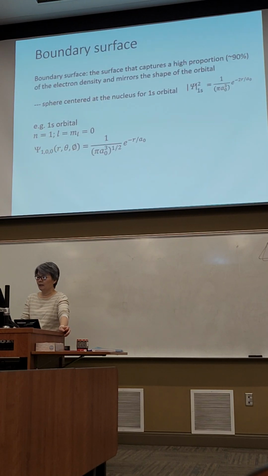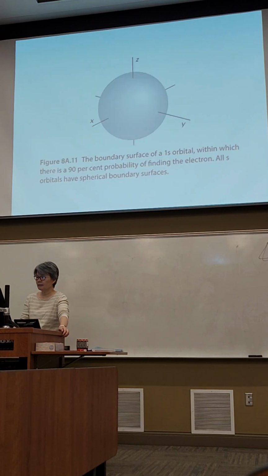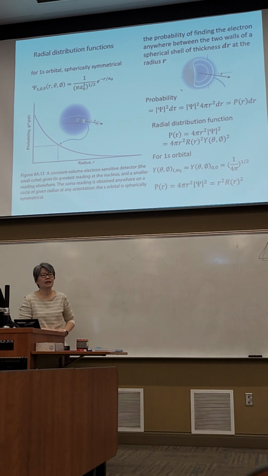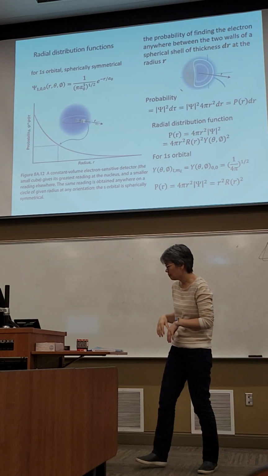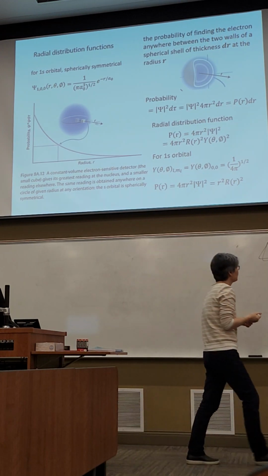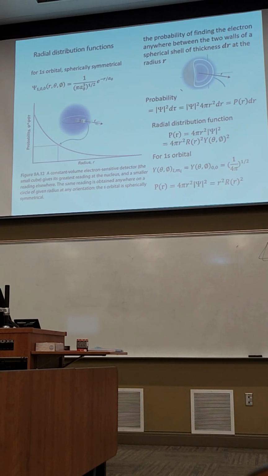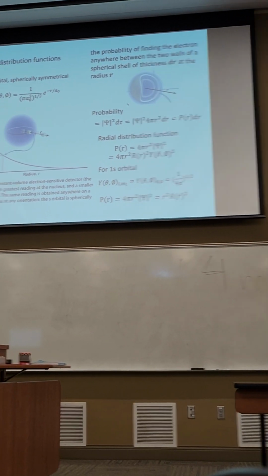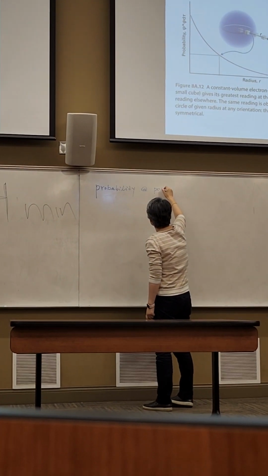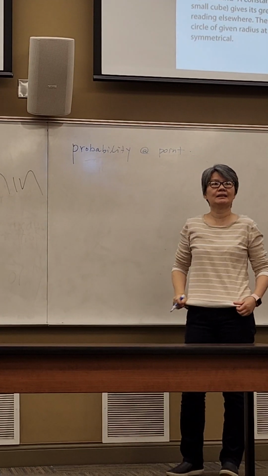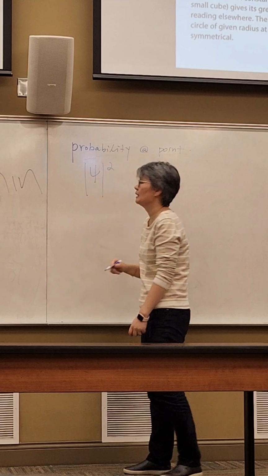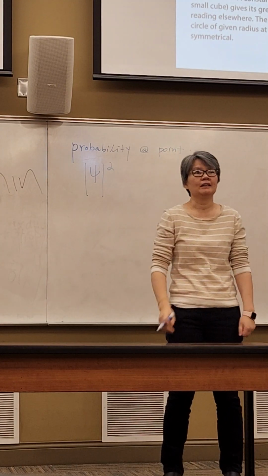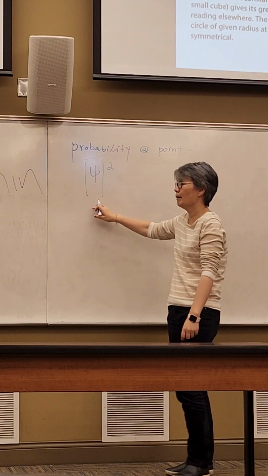And then the one thing we ended with in the other lecture is calculating the probability at a particular location, at a particular point of the space. By the foundation of quantum mechanics, it is a probability density at that point.